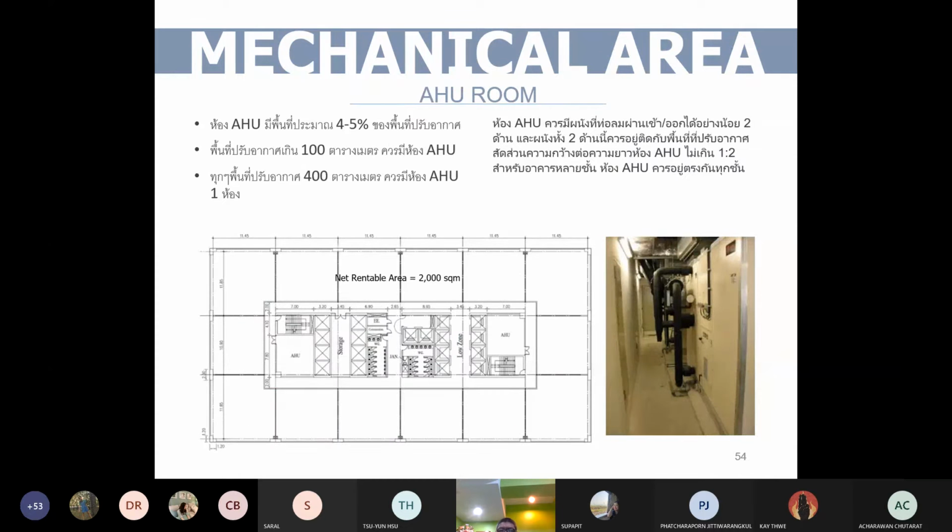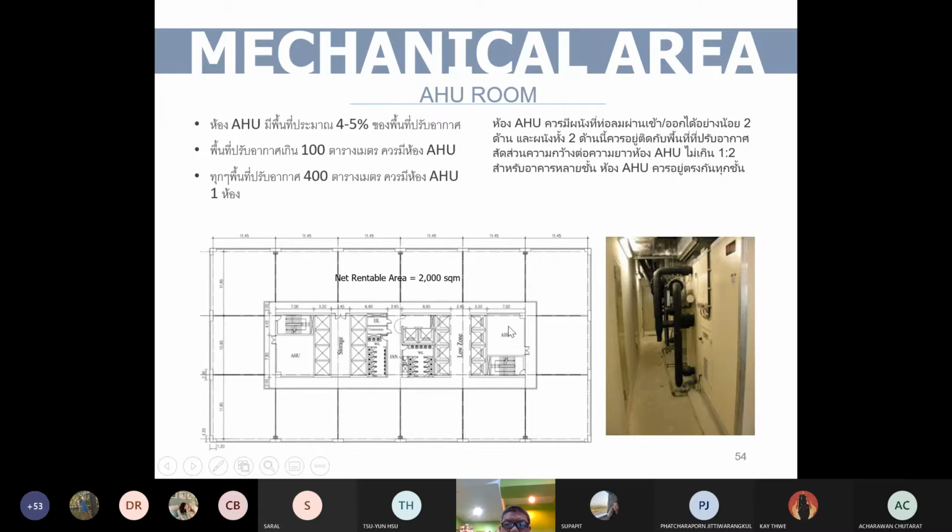Secondly, on the air handling unit, in the building you can see that they have the air handling unit. Let's say in this building, they have the air handling unit room here, and this side also has an air handling unit room.